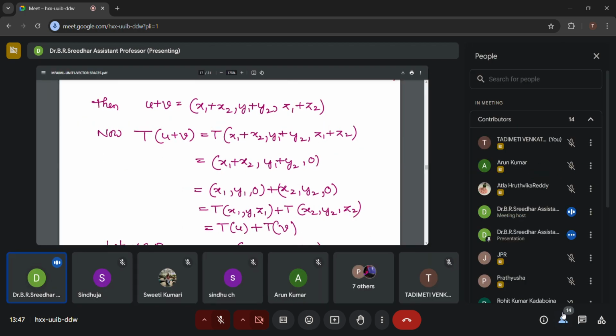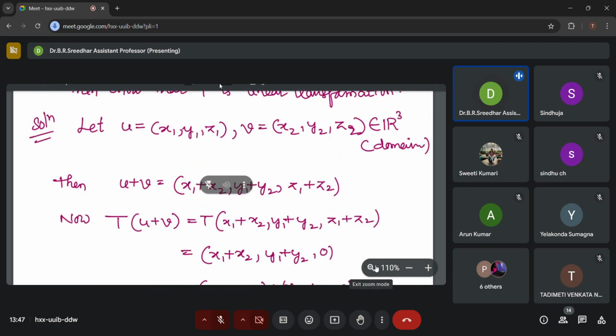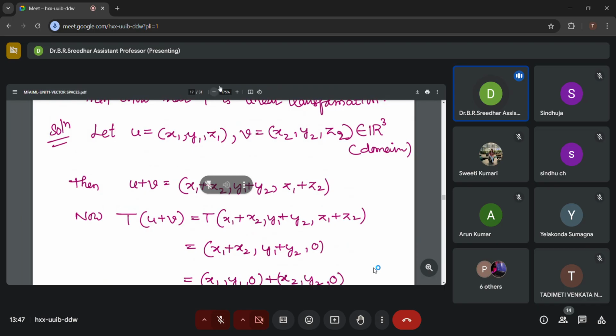Vector addition, satisfied or not? If you have any doubt, you can ask me, my dear. Please, don't hesitate to ask any doubt, everyone. Happily, you can ask. Come on. Any doubt, anybody? Hope you understood. Is it clear?